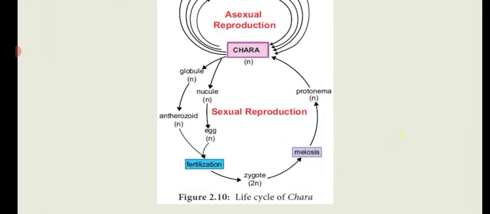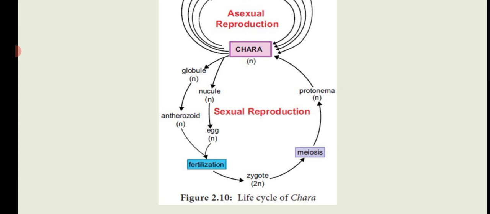And when it comes to sexual reproduction that we have discussed in a very descriptive manner, it takes place by the formation of the globule and nucleole, that is by formation of male gametophyte, female gametophyte, male gametangia, female gametangia, the specialized male and female reproductive structures, which are called globule and nucleole, and in them there is formation of the anthrozoids and egg cells and their fertilization results in the formation of the zygote, and the zygote undergoes meiotic division.